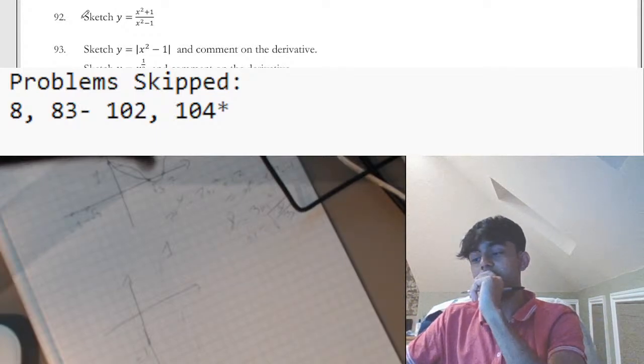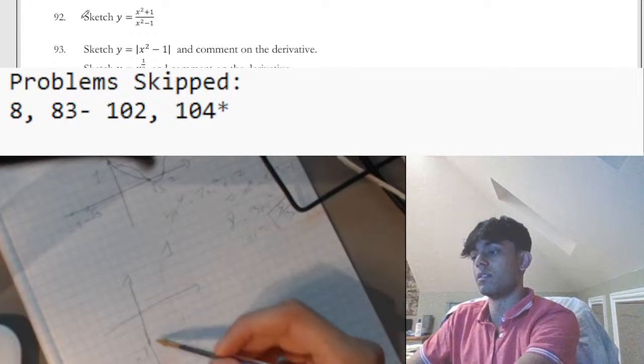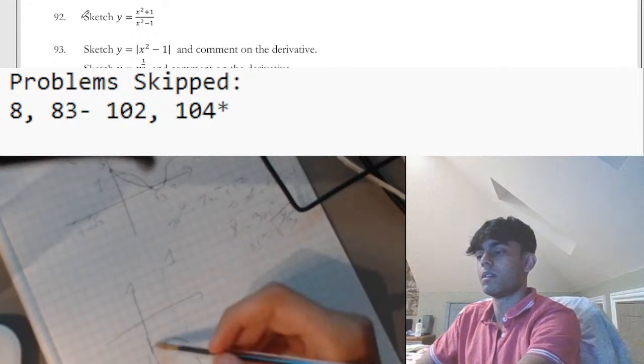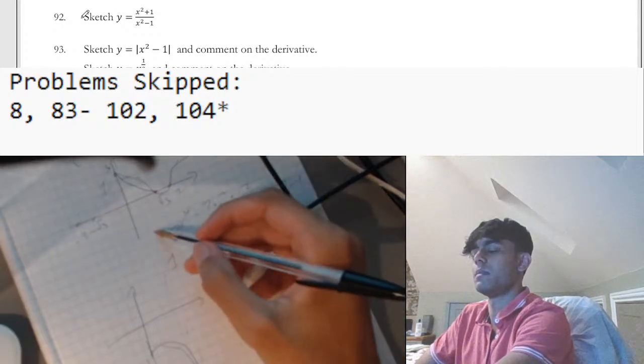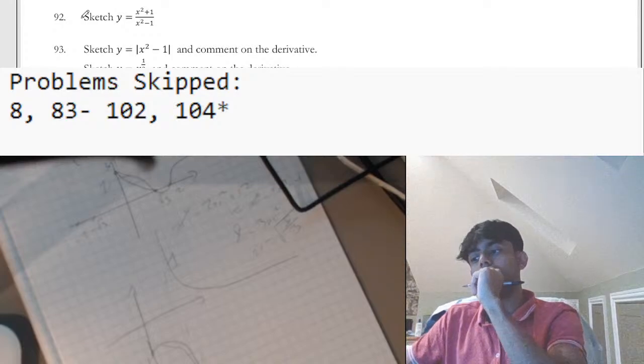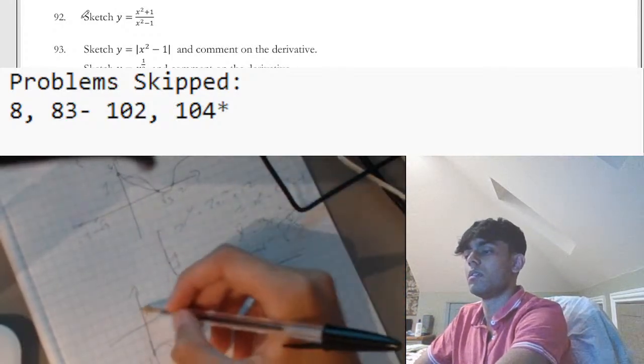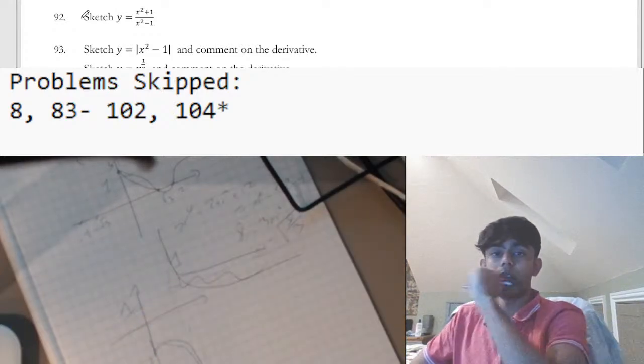And you can never have y equals 0, we're saying. So it's going to do this, and for this one it's going to be something like this. Oh no, it tends to 1. As it goes to infinity, it tends to 1, not to 0. So that's something like this.